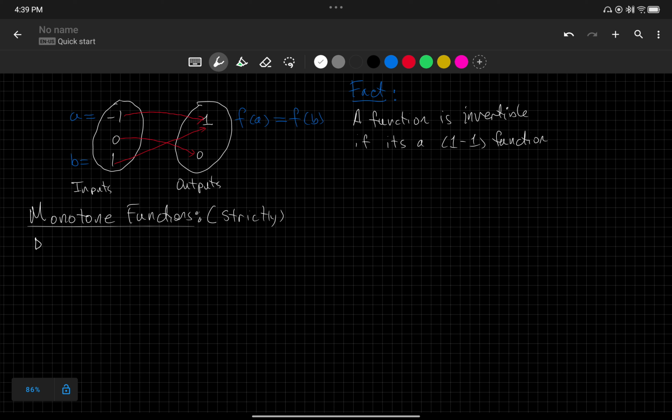And what it basically means is that it is either increasing or decreasing. So I guess I could call this its definition.